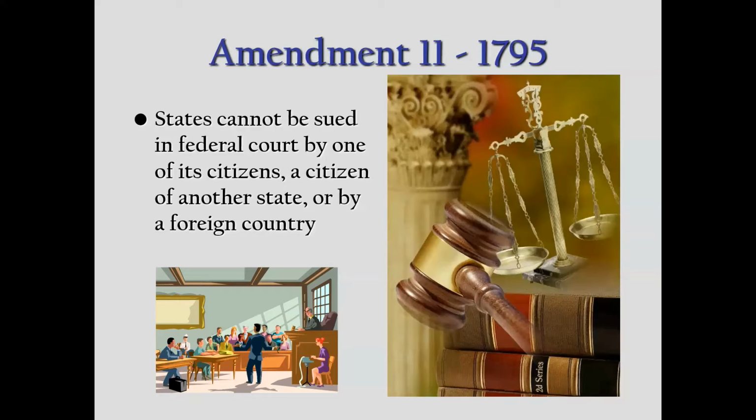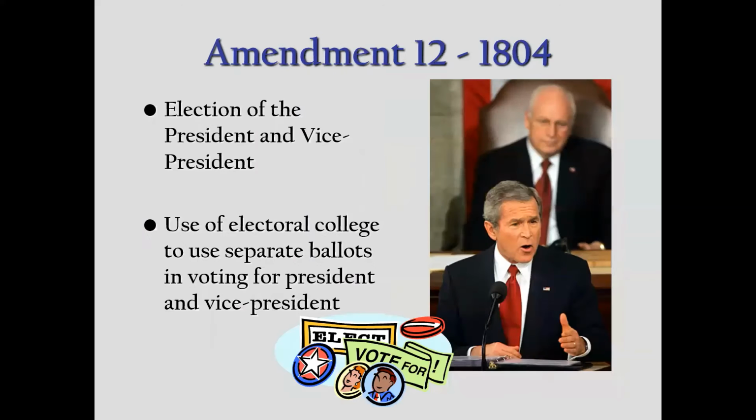The 12th Amendment was passed in 1804, and it established the election of the president and vice president with the Electoral College. It's the use of the Electoral College to use separate ballots and voting for president and vice president. Before the 12th Amendment, whoever received the most votes would be president, and whoever received the second most votes would be vice president.